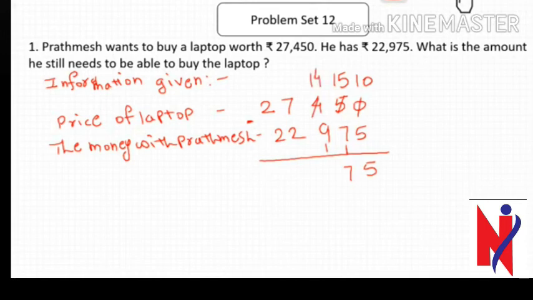So 14 minus 10 is 4. 7 minus 3 is 4. And 2 minus 2 is 0. So the amount still required by Prathamesh is 4,475.